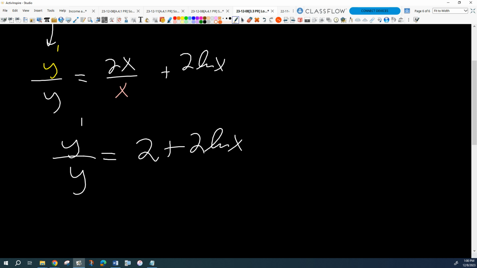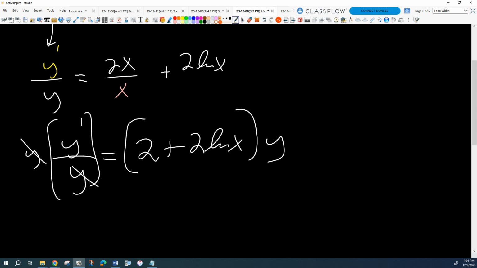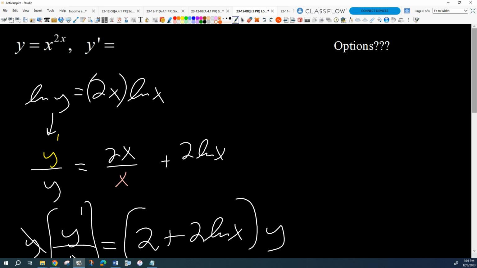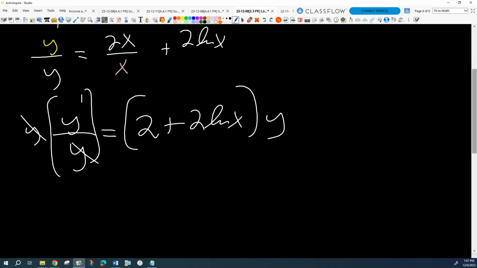I multiply each side through by y. So those guys cancel, right? And I end up getting a y over here. Right? And what's y? That, x to the 2x. So if I want to write this in terms of just x's, I've got it.